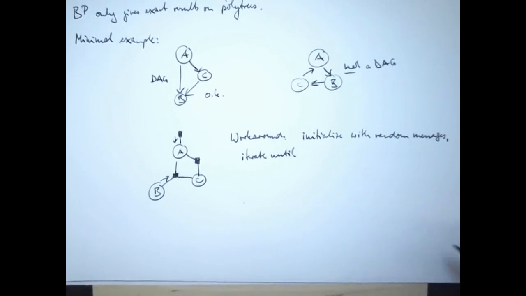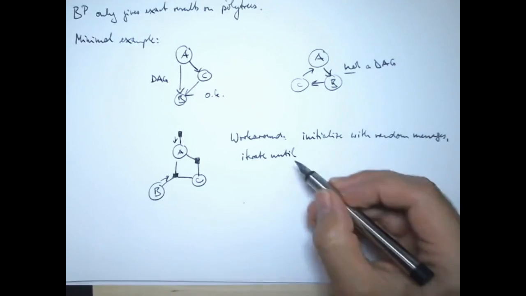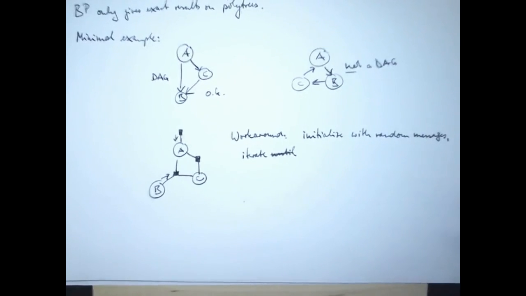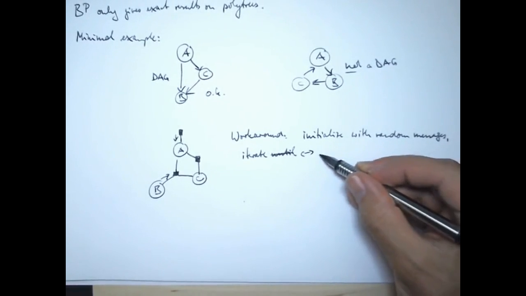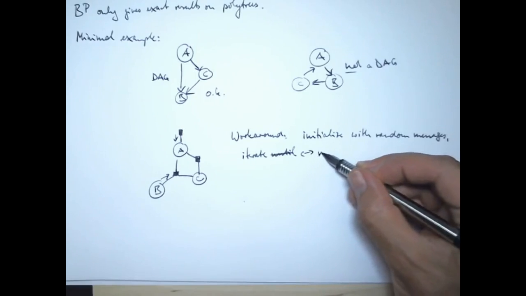And then iterate. And that amounts to a mean field approximation of your original problem.